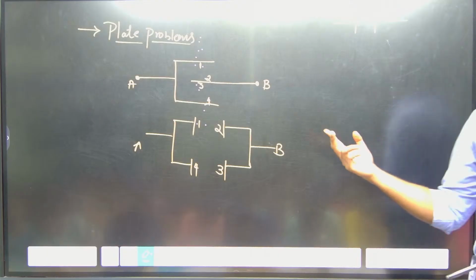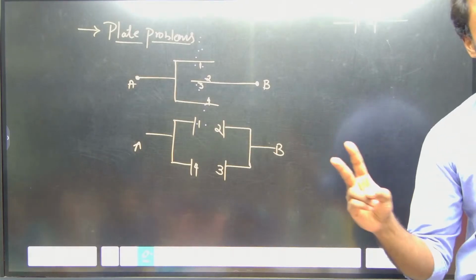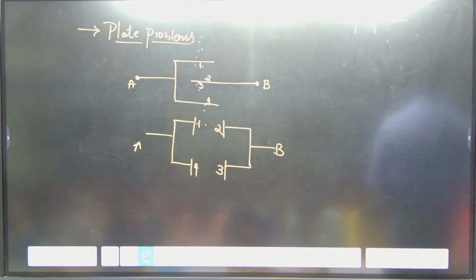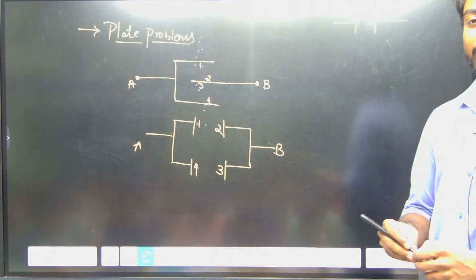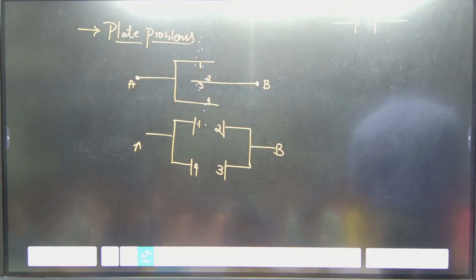How many plates are there? 3 plates are there. First thing is I need to count how many plates are there. Second point is mark the number of surfaces. Third point is ignore the outer surface.